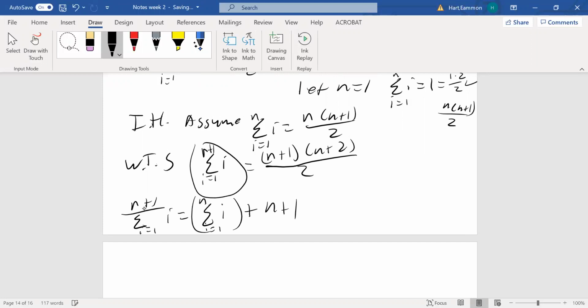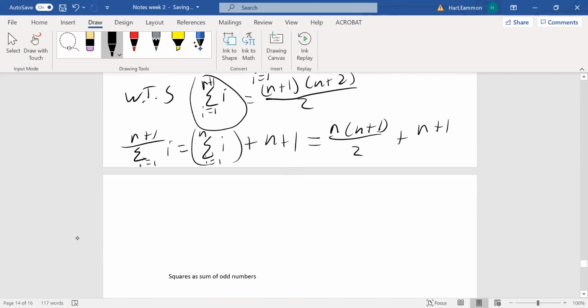We're just taking this up here and adding the one extra element. So that's equal to n times n plus 1 over 2 plus n plus 1. Now I'm going to put them on the same base.